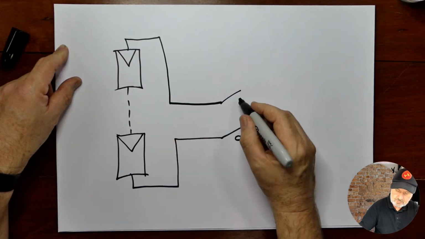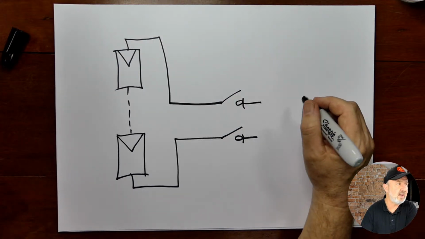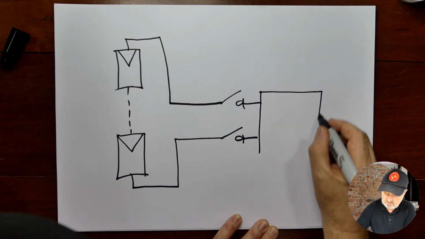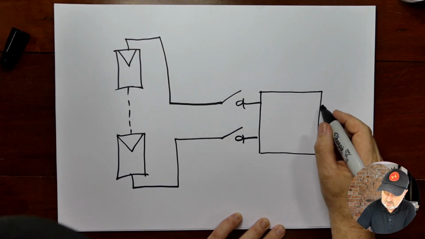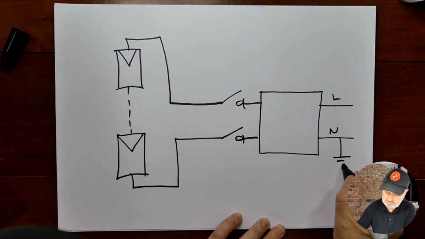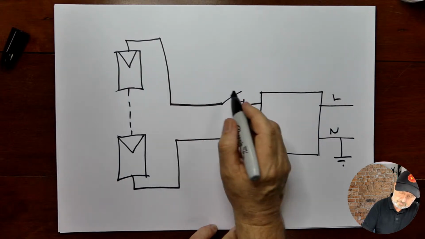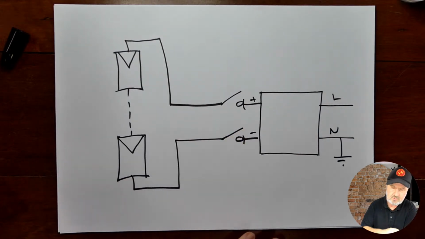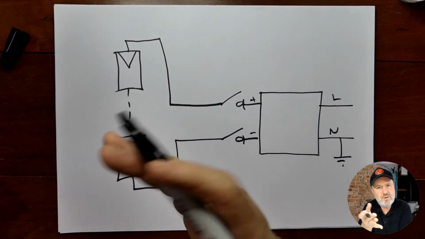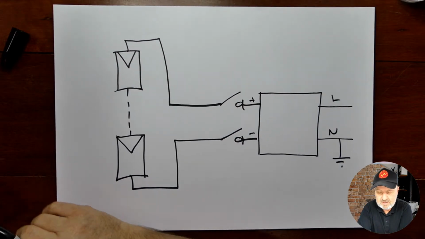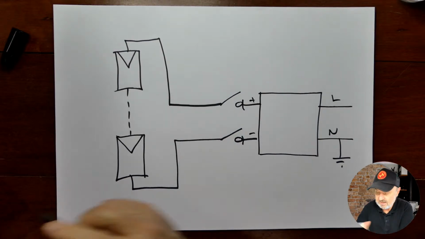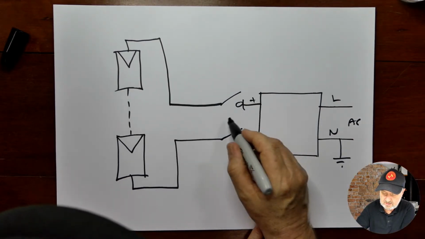So I've drawn a very simple representation of a single string array, and this system is connected to an inverter like this. It's our inverter, and the inverter converts to AC. So there's our AC output. Okay, and so we've got a positive side to the inverter and a negative side to the inverter. Now, what used to happen, and I say used to because inverters have really changed over time, is that they used to have a transformer inside them that galvanically isolated the AC side from the DC side.